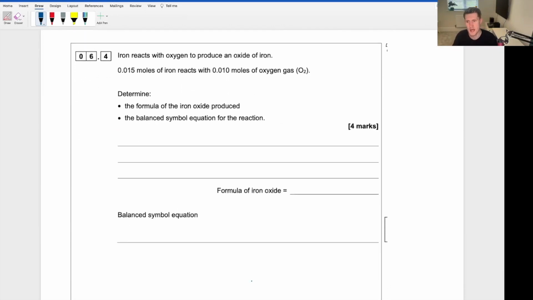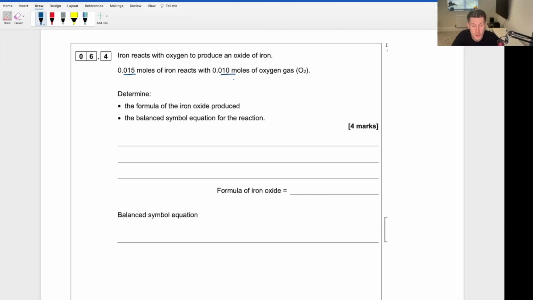This one here says iron reacts with oxygen to produce an oxide of iron. 0.015 moles of iron reacts with 0.010 moles of oxygen gas. Determine the formula of iron oxide produced and the balanced symbol equation for the reaction. Right, very similar to the previous one actually in terms of the calculation. I want to know what the link is between these moles and these moles.